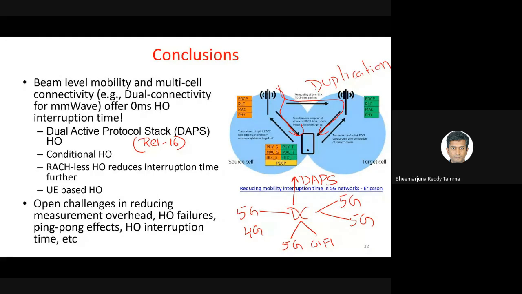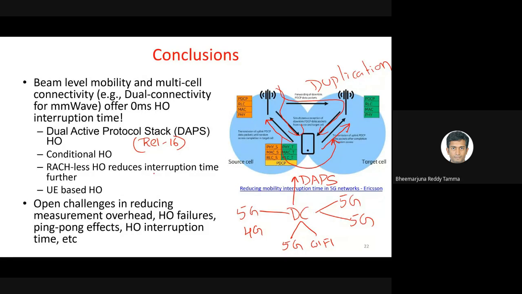When it comes to the uplink, transmission of the uplink PDCP data packets continues to the source base station until the RACH procedure is completed in the target cell. Only after the RACH procedure is completed in the target cell do you switch the uplink from here to here.